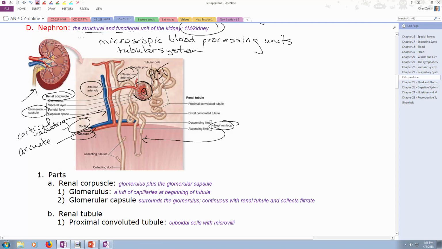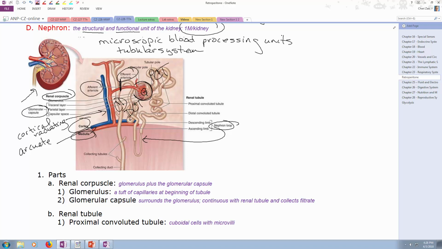Then we follow this, and we are now into the DCT, distal convoluted tubule. Again, we go into the cortex area, and it goes all over the place. And the end of the nephron will be in this area at the CD, or collecting duct. So we have a bunch of nephrons emptying into a collecting duct, and we have a bunch of collecting ducts.